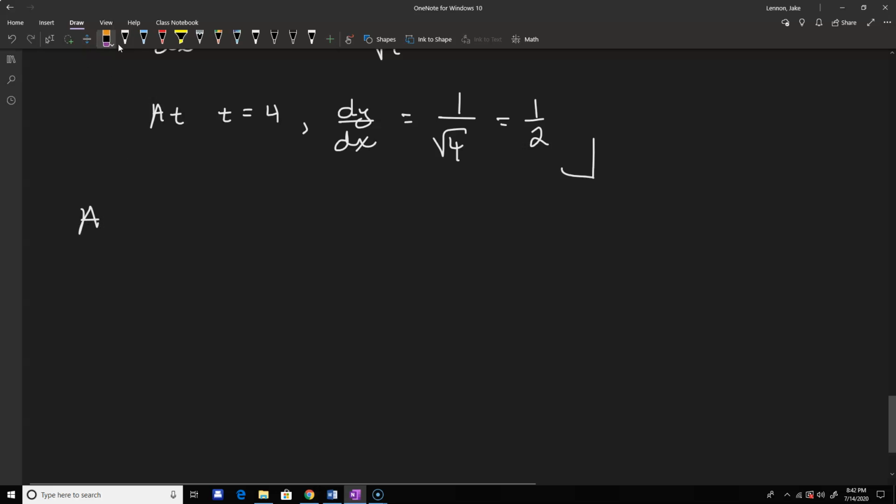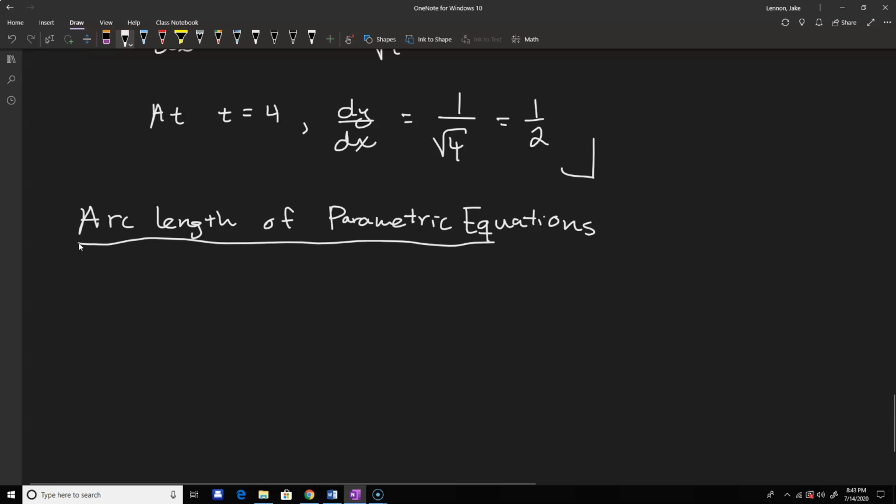Arc length of parametric equations. Okay, so let's see where this comes from.